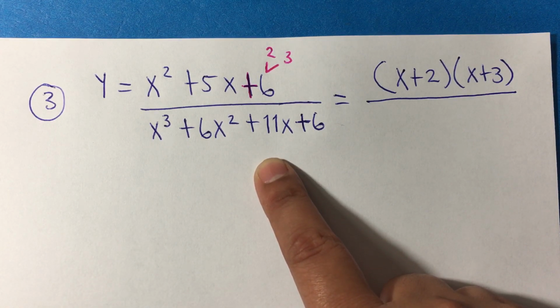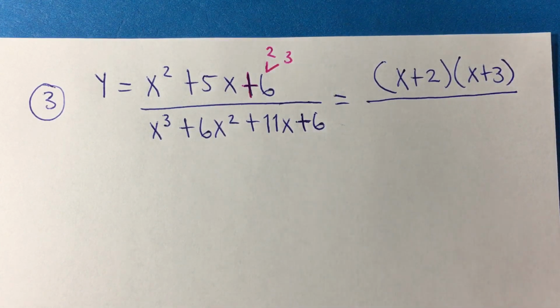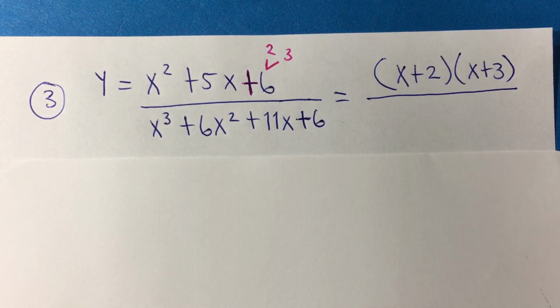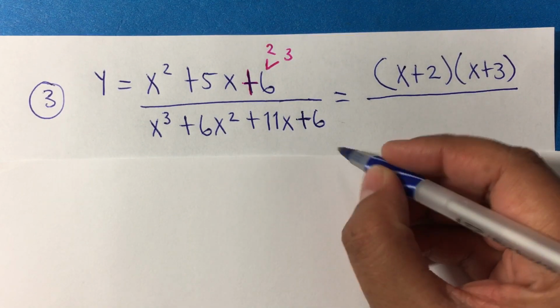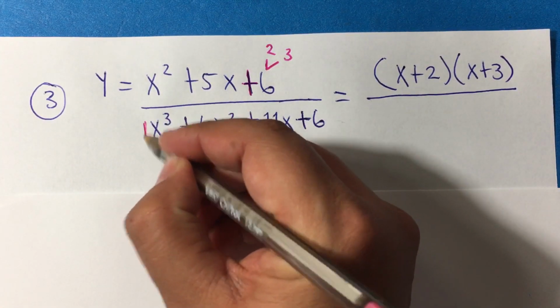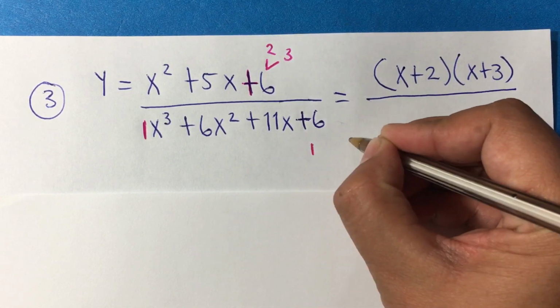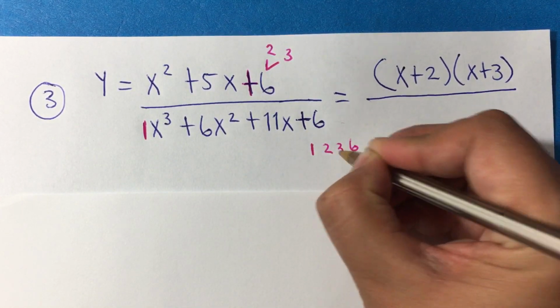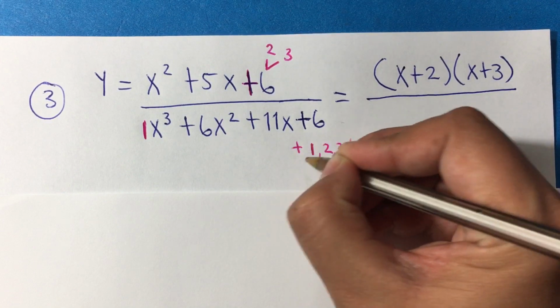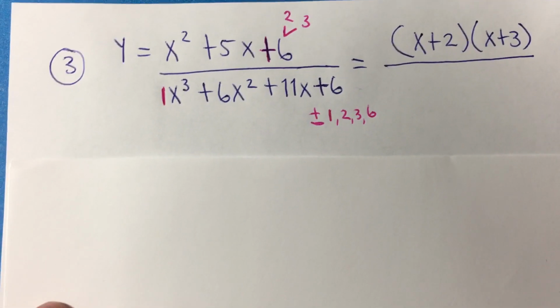I will not get x plus 6 because it's going to be 11x plus 6, so no. So if grouping doesn't work, what you can try is just find all the factors of that 6. Only because this is a 1, the factors of 6 are 1 times 6, 2 times 3. But remember that we're going to be working with the positive and negative of those.